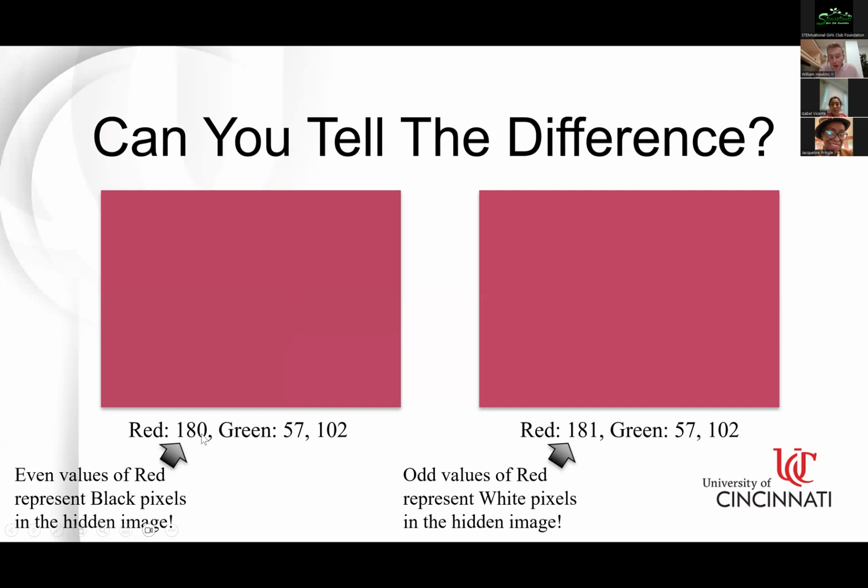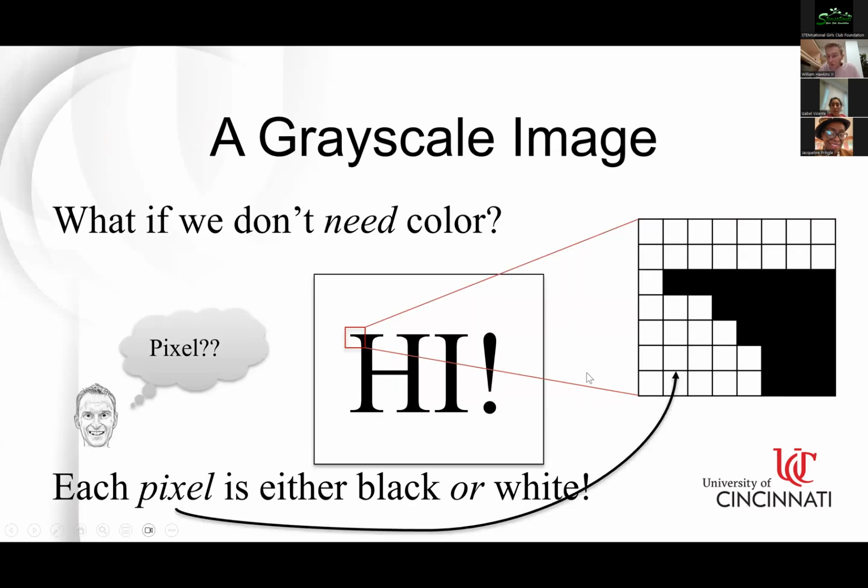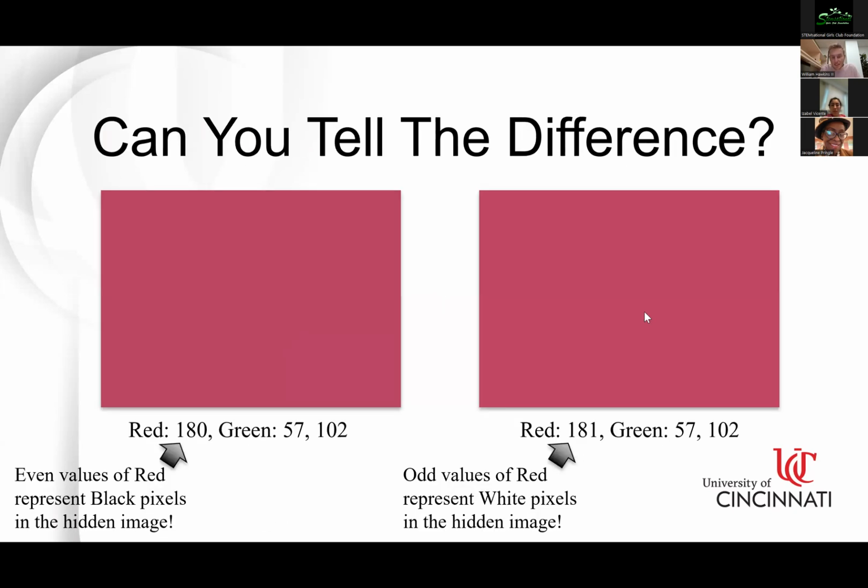If it was an odd number of red, I'm going to make it even. And then if it's the other way around, if I was trying to store a white pixel, I'm just going to make it odd.